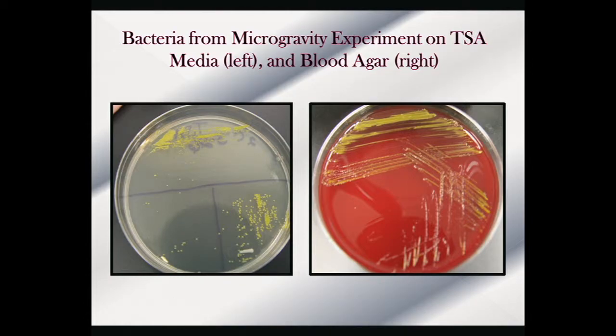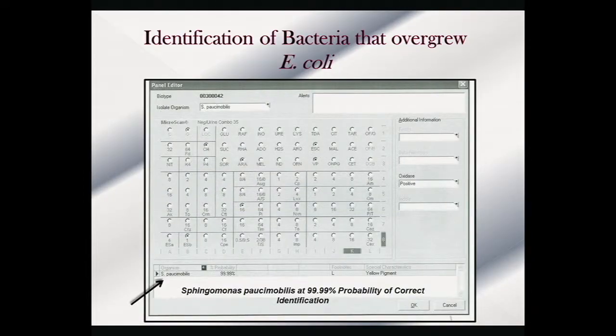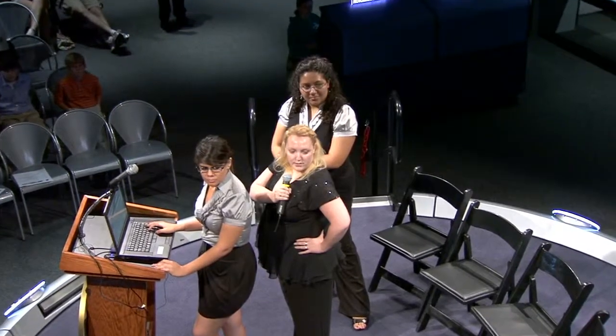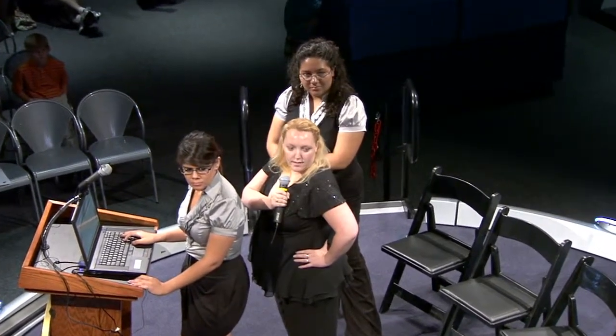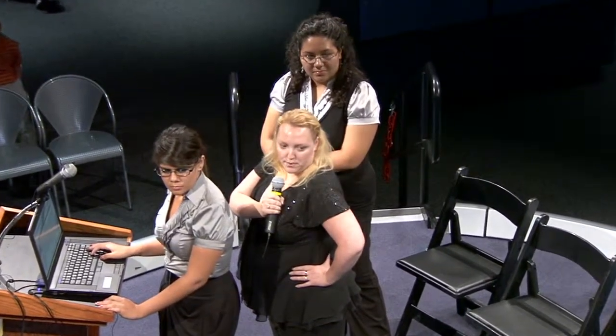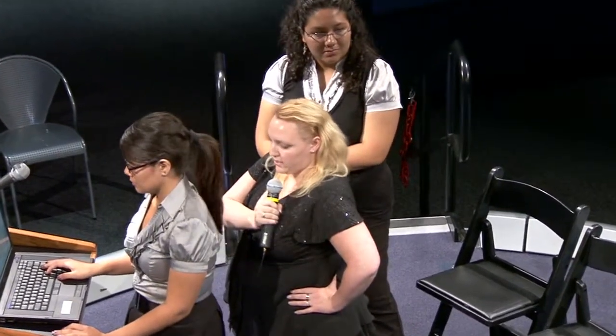Additional tests done with our microgravity experiment, we used a TSA media and a blood agar. Using an identification system, we found that the bacteria we received back that overgrew our E. coli was Sphingomonas paucimobilis, and we had a 99.99% probability of its correct identification.